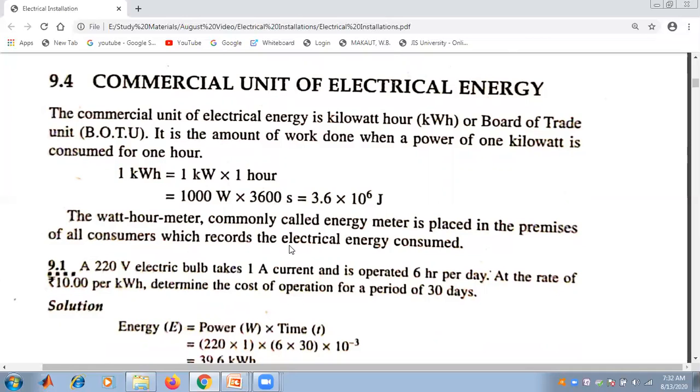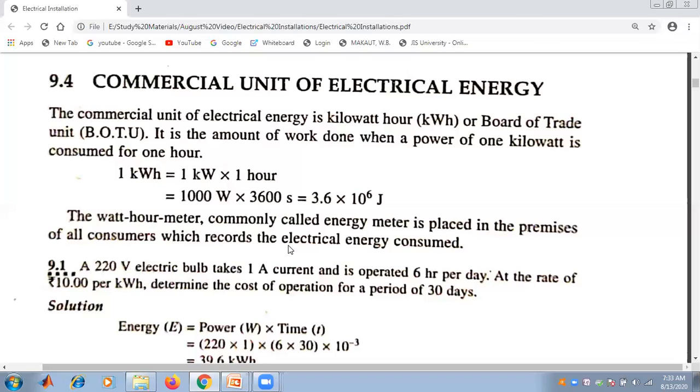The watt hour meter, commonly called the energy meter, is placed in the premises of all consumers, as we have already seen in our households, and it records the electrical energy that we have consumed.